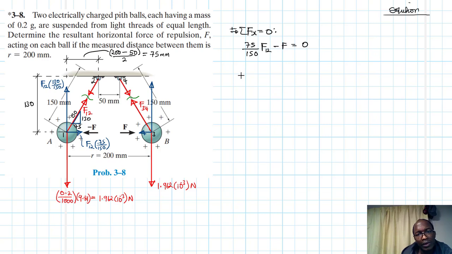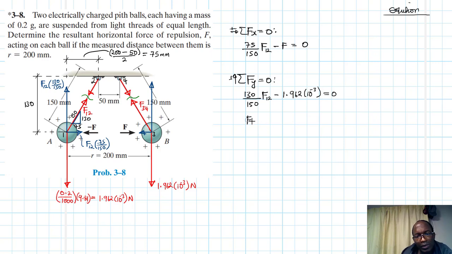And then we have the summation of forces in the y equal to 0, going up as our reference. We have F12 times 130 divided by 150, minus 1.962 times 10 to the power 3, equal to 0.